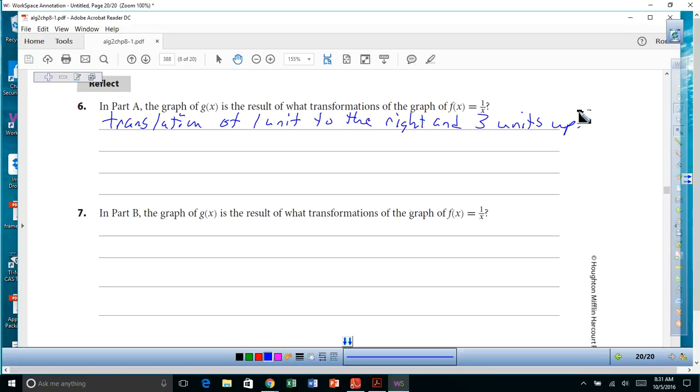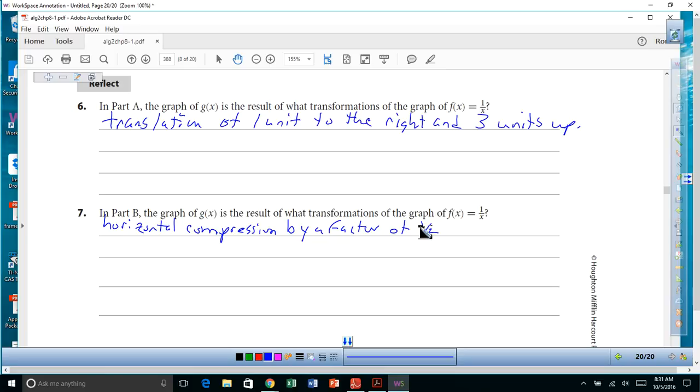In part B, the graph of g of x is the result of what transformation of the graph of f of x equals 1 over x? Well, let's see. There was a horizontal compression by a factor of 1/2.